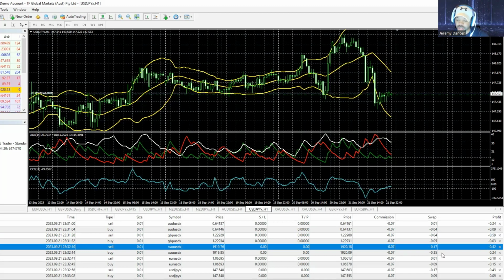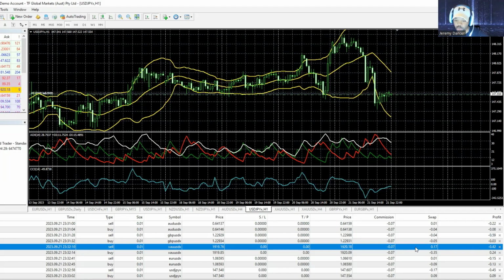All right, so this is a nice one. So you can see here that this broker does not want me to buy. So they're still pretty strong on selling. So another thing to point out is the higher the swap, the better the trade.